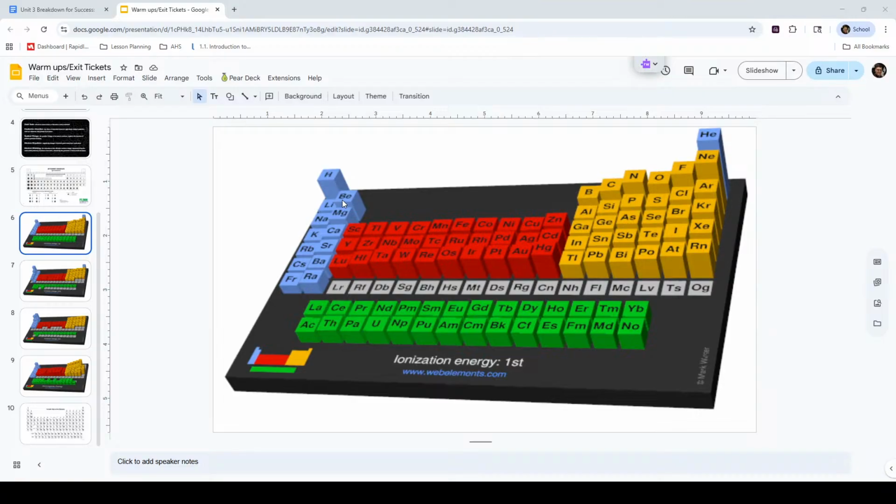I'll go over the definition of ionization energy right now because we're talking about it. Ionization energy is the amount of energy required to remove an electron. As you can see, these guys are the lowest, so they require the least amount of energy to remove an electron. That is linked to reactivity. Not the only thing that's linked to reactivity, but the most powerful thing, which is why the alkali metals are the most reactive elements on the periodic table.